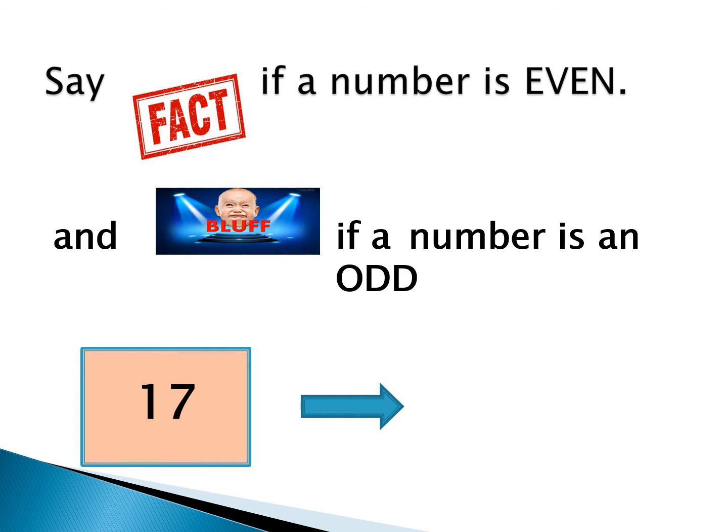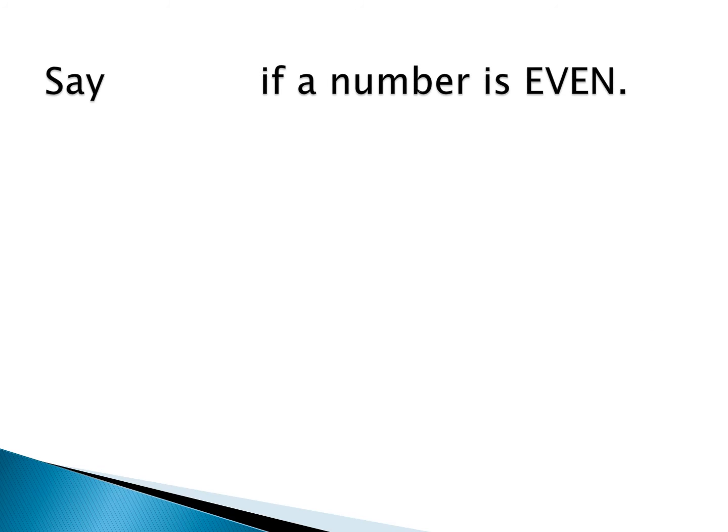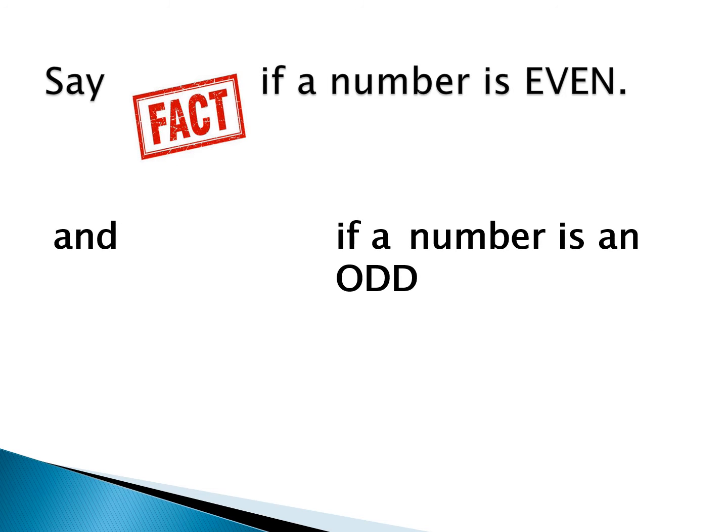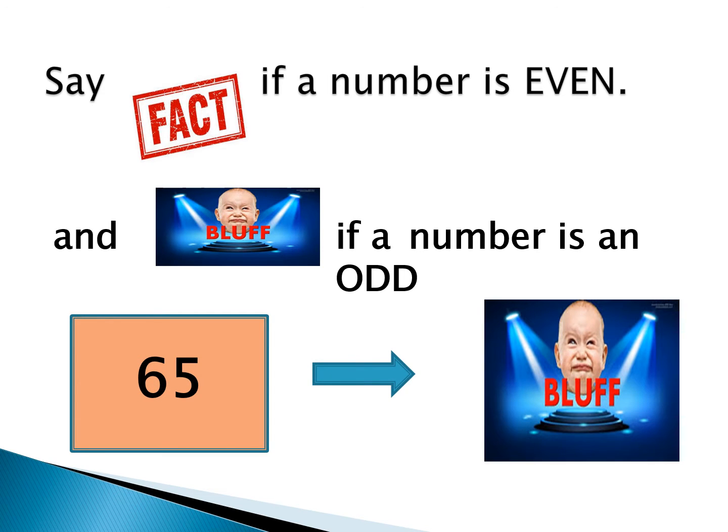Fact or bluff? Okay, bluff. 17 is an odd number. Next number, 65. 65 is also an odd number.